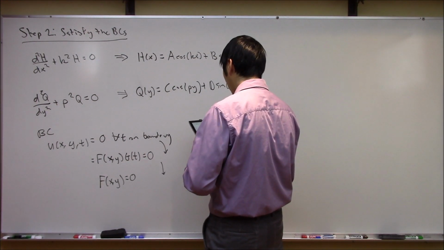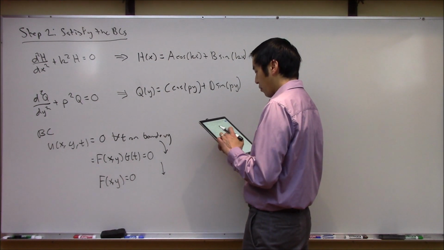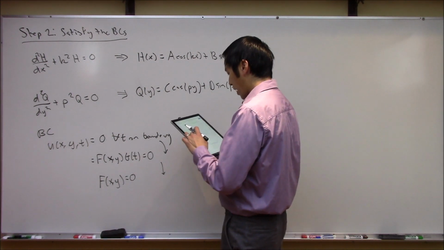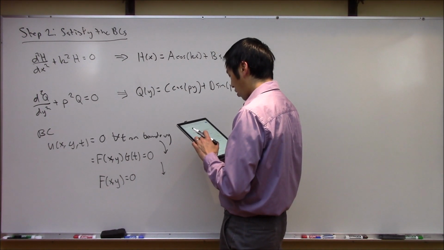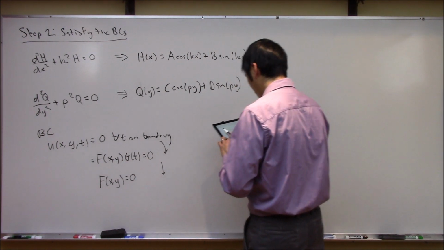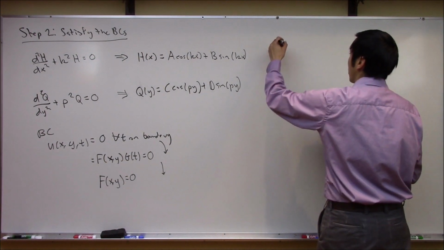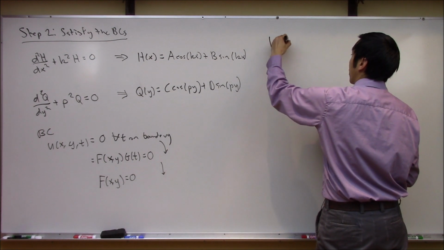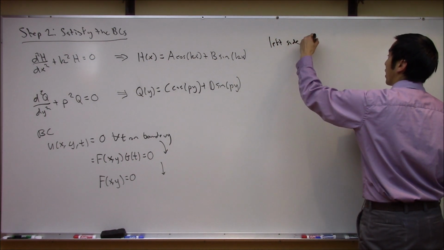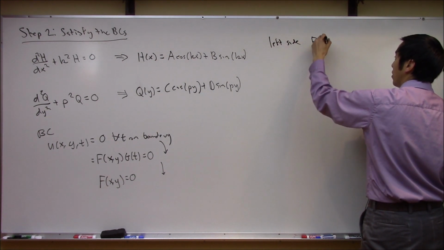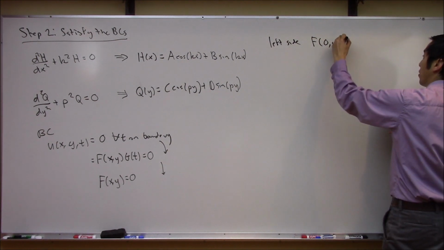Let's take a look at our diagram. Earlier we said we were investigating the scenario of the rectangular membrane, so let's see how this boundary condition translates for each of those sides. Let's look at the left side. On the left side of the boundary, the function f at x equals 0 and at any given location y has to equal 0.